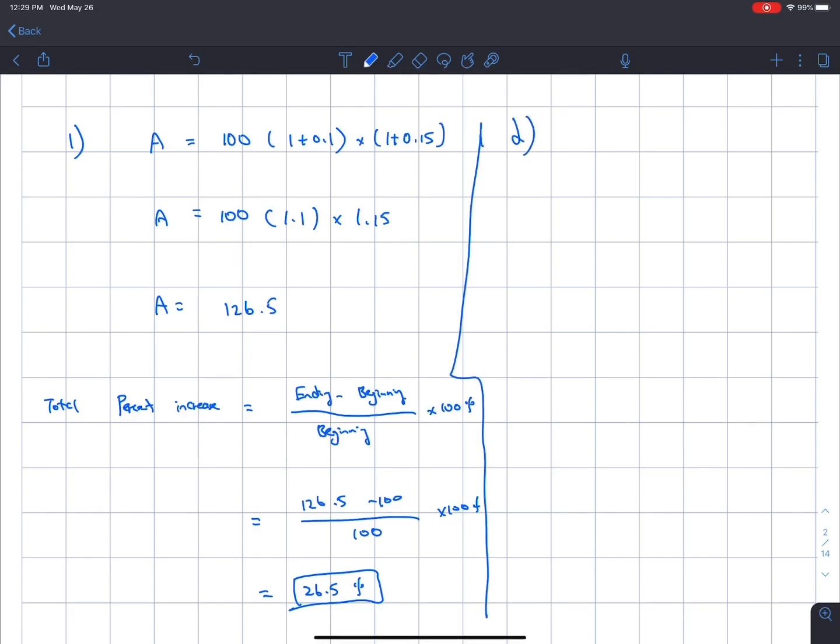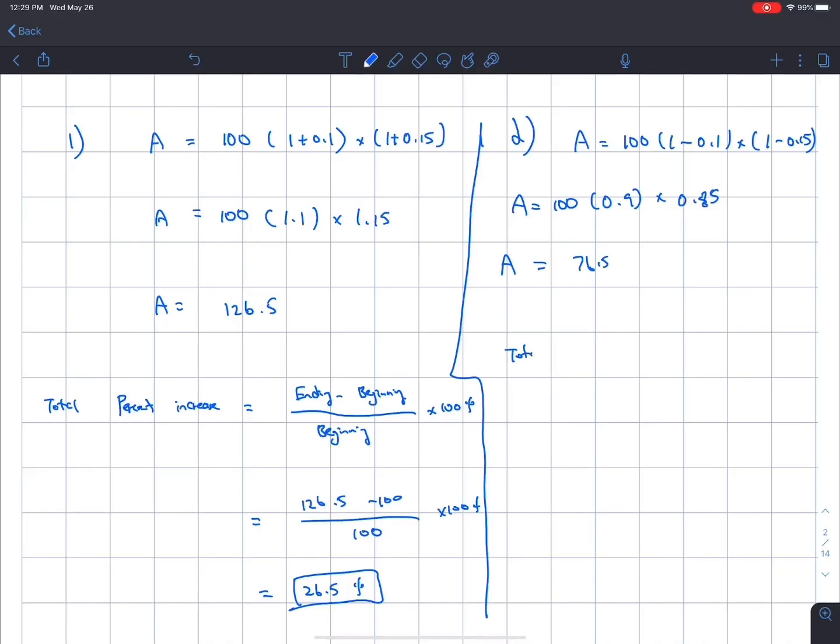Question 2. What compound percentage decrease is the same as a 10% decrease and then a 15% decrease? So A is going to be 100 times 1 minus 0.1 because there's a decrease of 10%, and then another decrease of 15%, so 1 minus 0.15. So we get 100 times 0.9 times 0.85. And then we type this into the calculator, and we get 76.5.